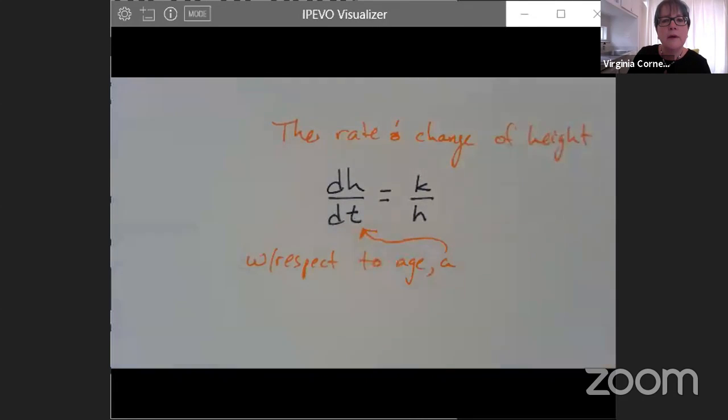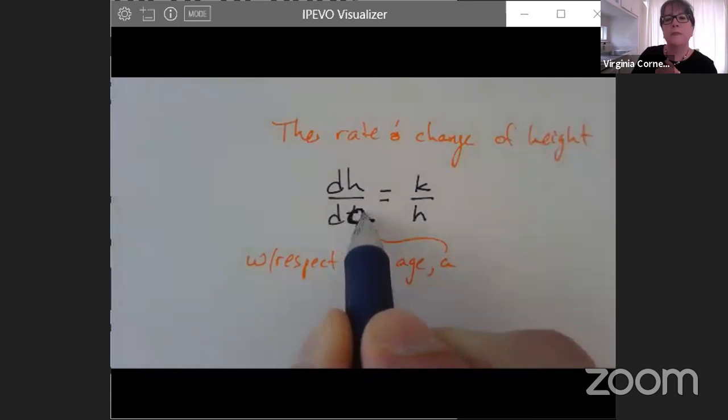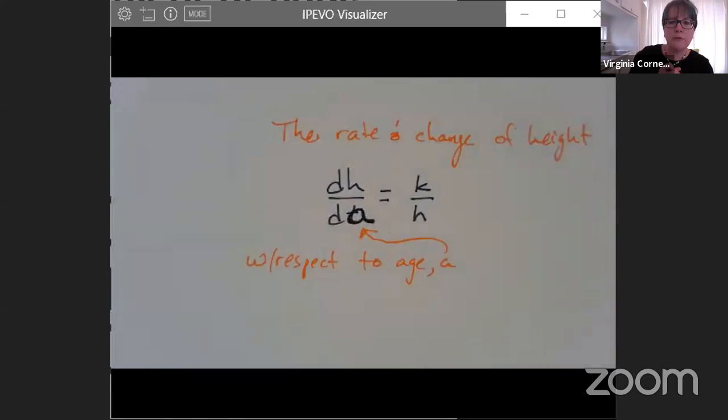Yeah. So it should be dh da instead of dh dt. Yep. It's really easy to put that dt reflexively. Yeah, especially if you are doing a lot of related rates. Okay, good. Thank you for making that mistake, Mark.